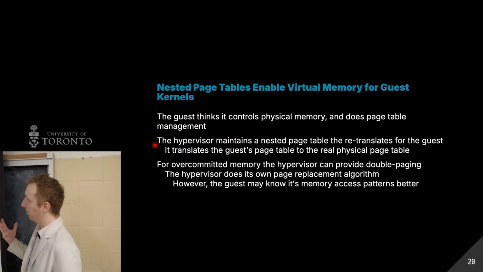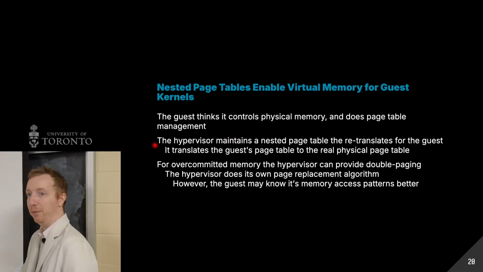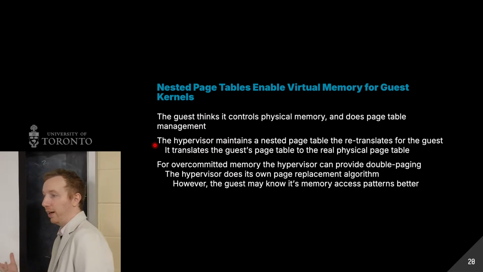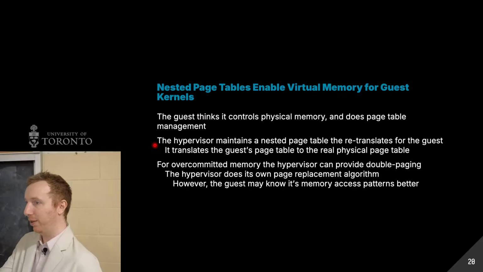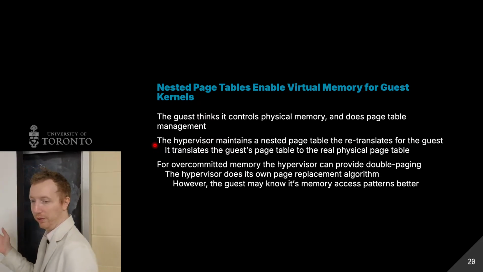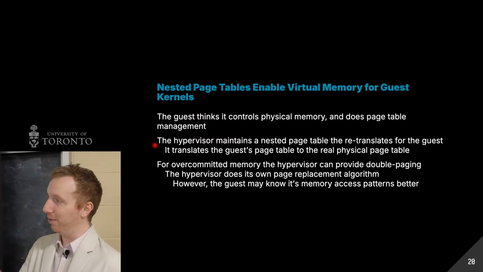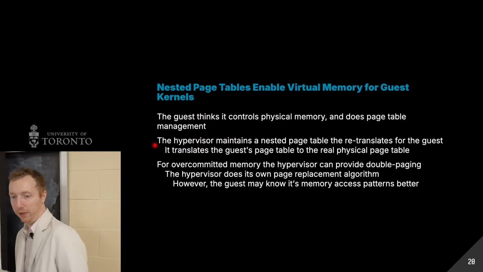So there's a nested page table, and you could imagine, if we have a 3-level page table, on the first access, we have to go ahead, take that virtual address, translate it to a virtual address, going through 3 levels of page tables. Then we have to do it again for that virtual address to a physical address to go through another 3 levels of page tables.